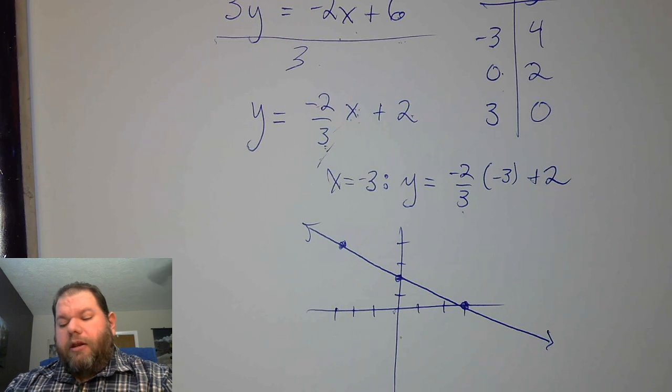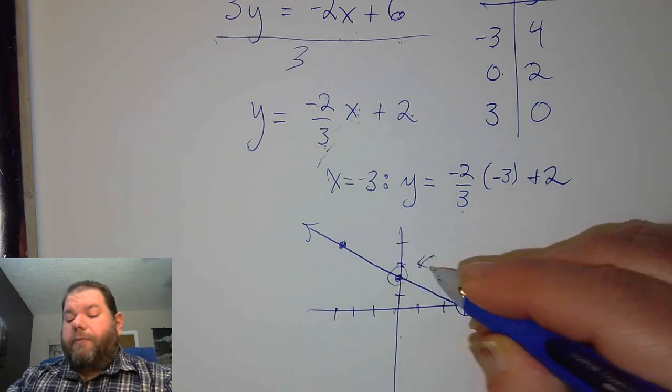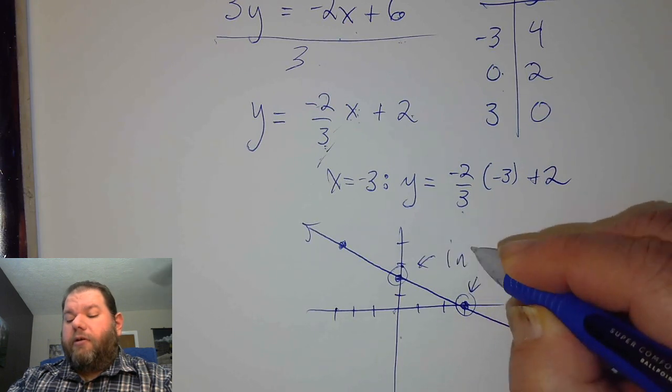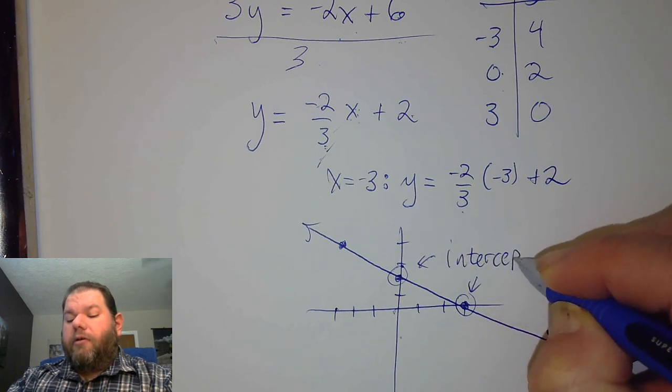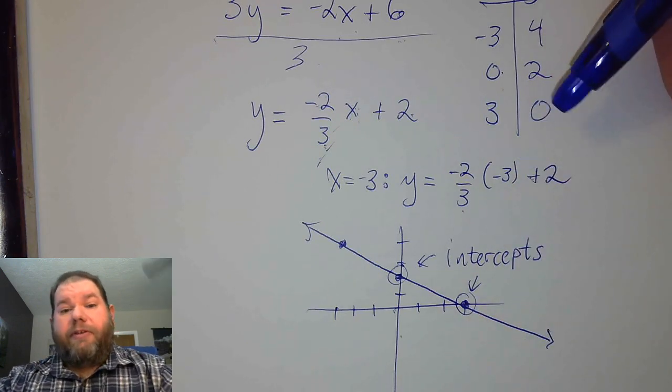Alright, now these 2 coordinates right here are called intercepts. An intercept is a point where the graph crosses either the x-axis or the y-axis. Let me write that down.